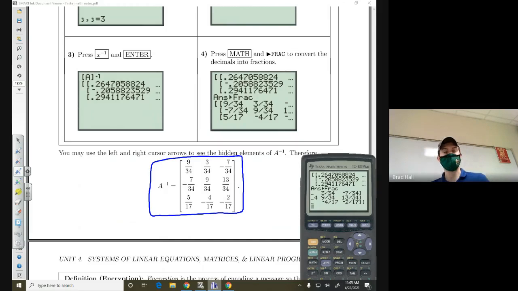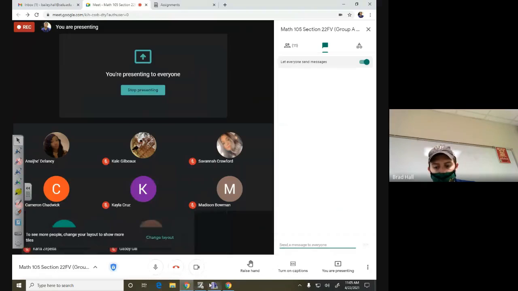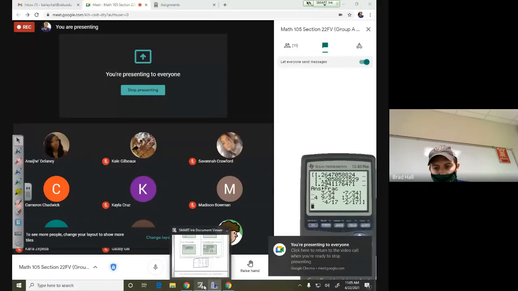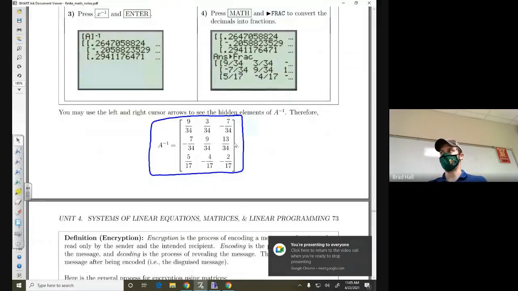So that's how you find the inverse matrix in the calculator. Does anyone have any questions before we look at how to apply this information to cryptography? If not, then let's go ahead and move on to this idea of encryption.